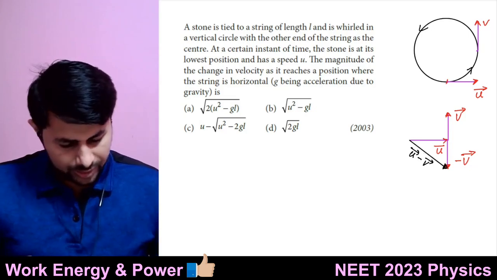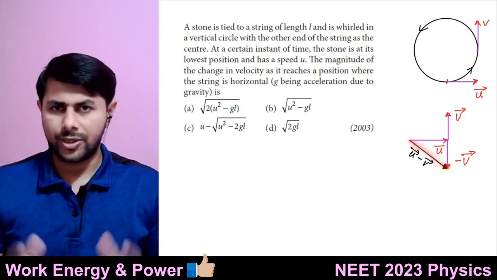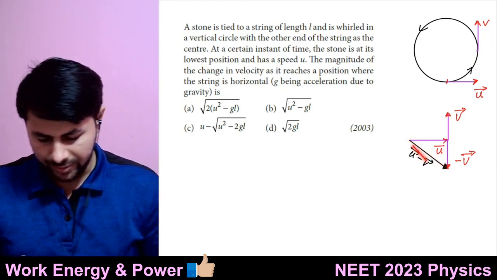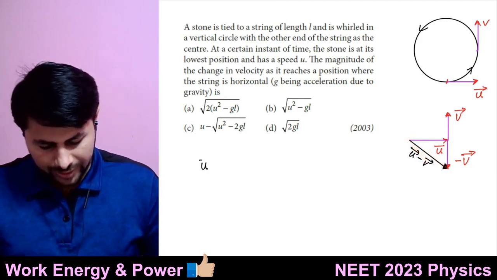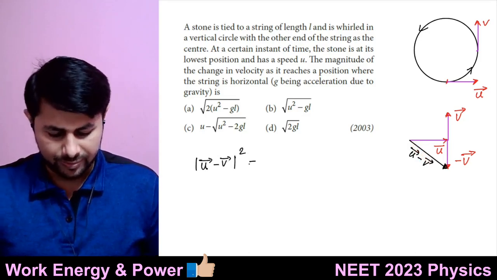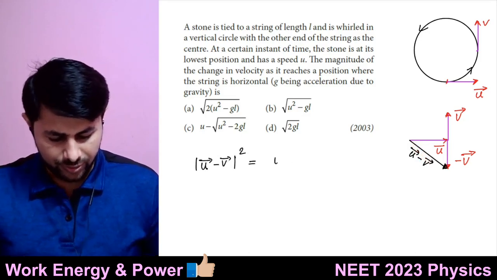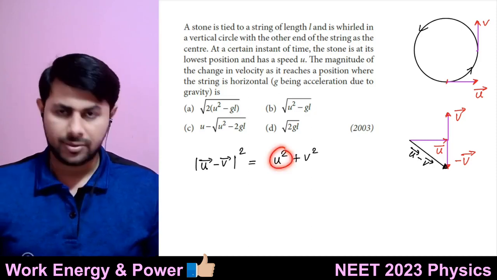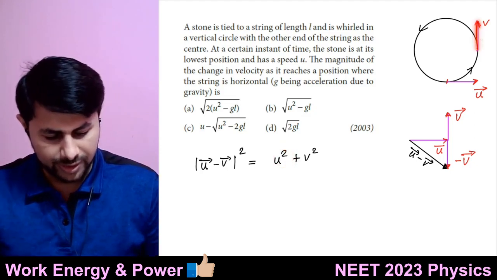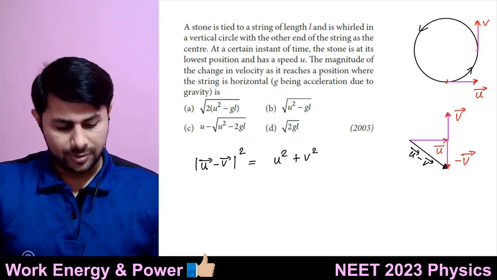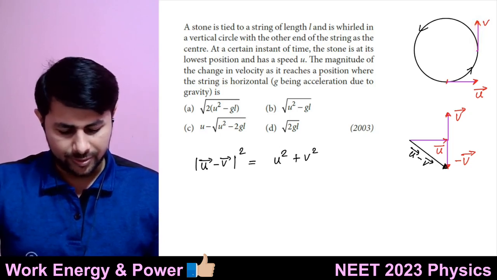So, square of magnitude of this vector, the magnitude of change in velocity: u bar minus v bar, magnitude of that square is equal to u square plus v square. So this is u that you know, but how much is magnitude of v? That we can find out.